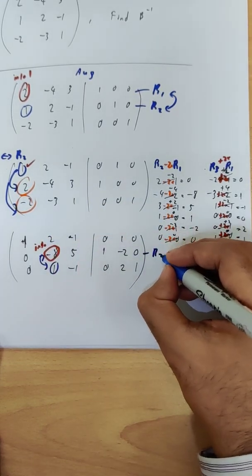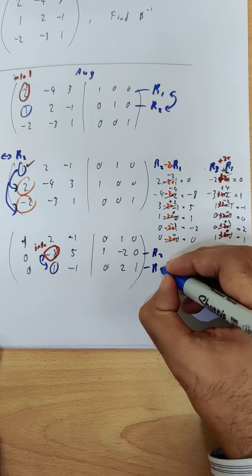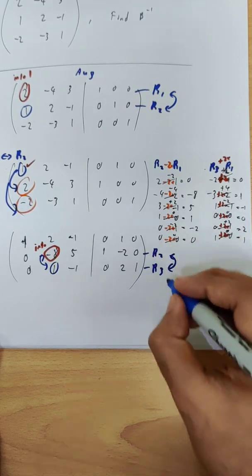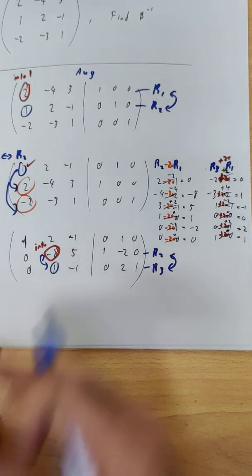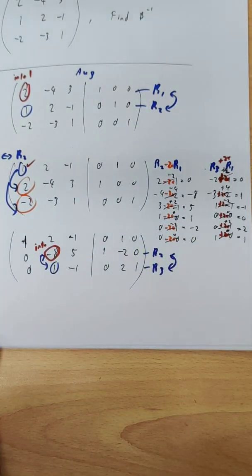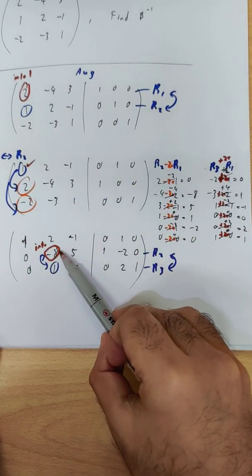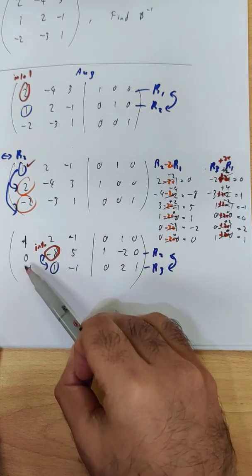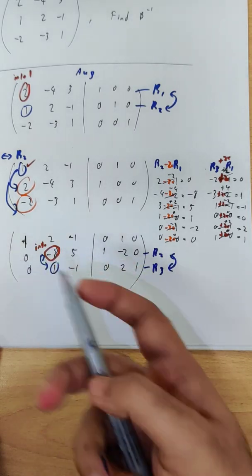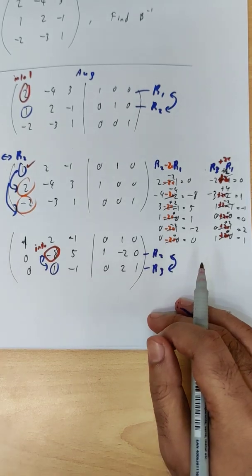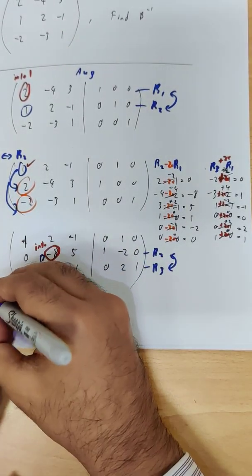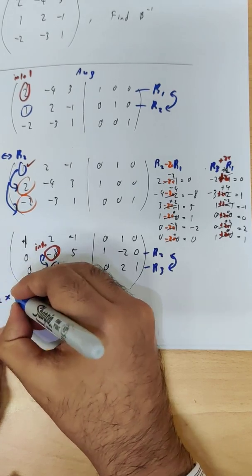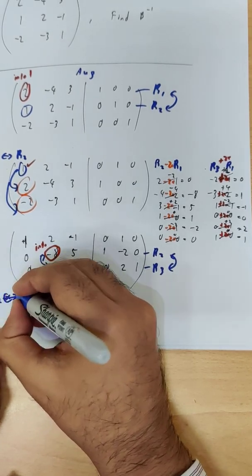So row 2 and row 3, I'm just exchanging them. This is a bit advanced because we haven't done exchanging in the second column before. But you can see here is the one that I can exchange, and this is 0, so 0 attacking 0, nothing changed as well. So row 2 I'm exchanging with row 3.